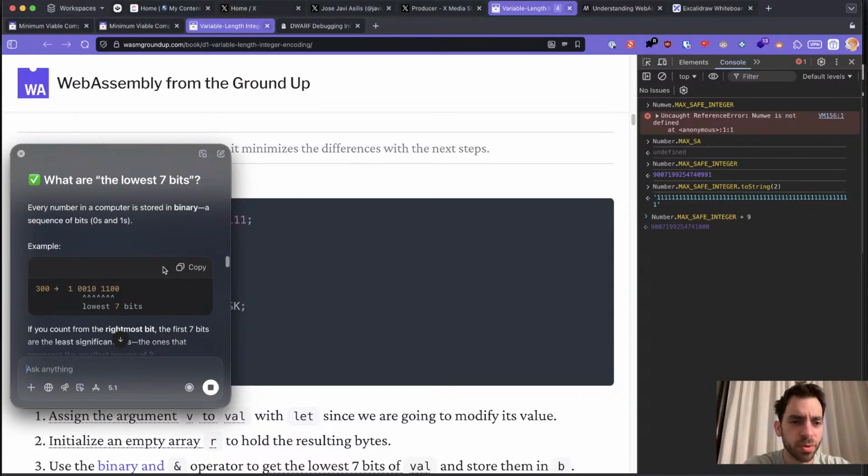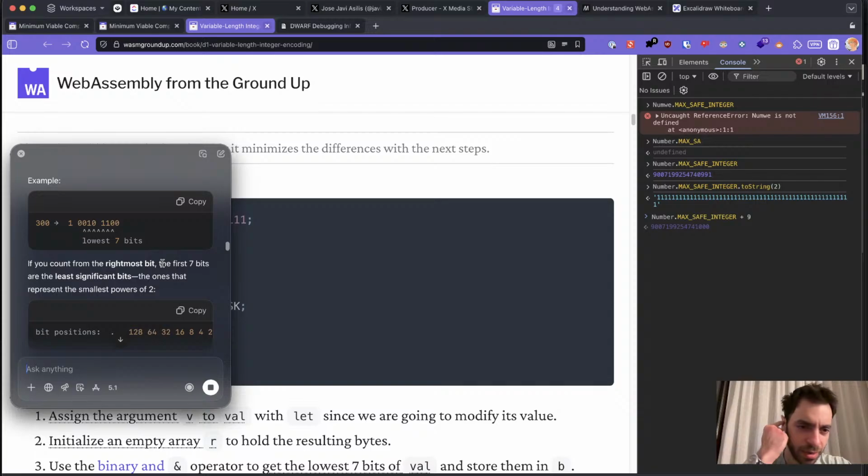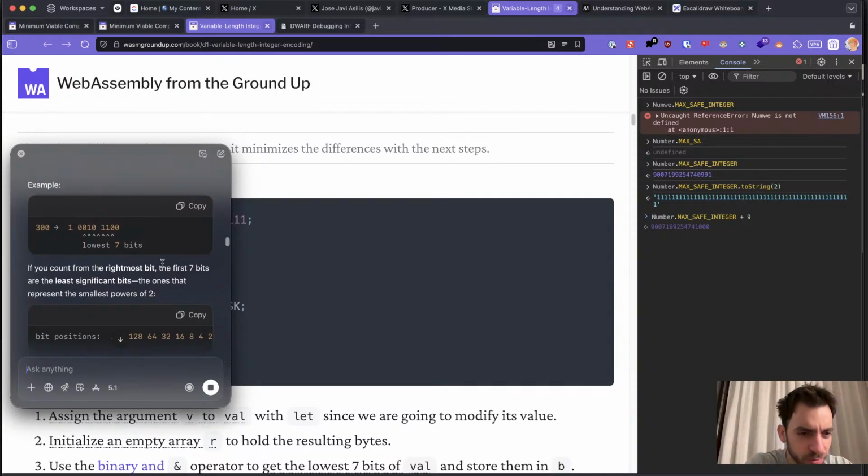Every number in a computer is stored in binary, a sequence of zeros and ones. We know that. And it seems like the lowest 7 bits, you count from the rightmost bits. The first 7 bits are the least significant bits, the ones that represent the smallest powers of 2. Okay, so 1, 2, 3, 4, 5, 6 and 7. The ones that represent the smallest powers of 2.